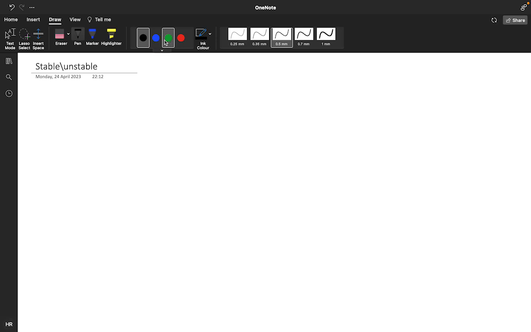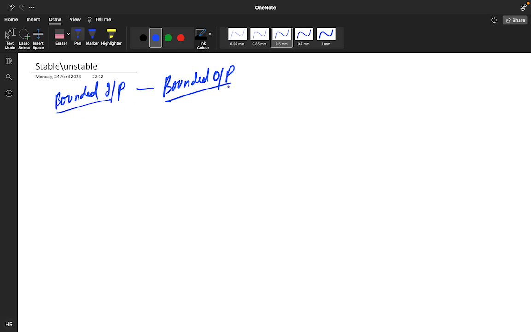So what is the definition of a stable system and unstable system? Bounded input. If your input is bounded, your output must be bounded. Means if you have a finite input, your output must be finite. Then only the system is stable. This criterion is known as the BIBO criterion, bounded input bounded output criterion.